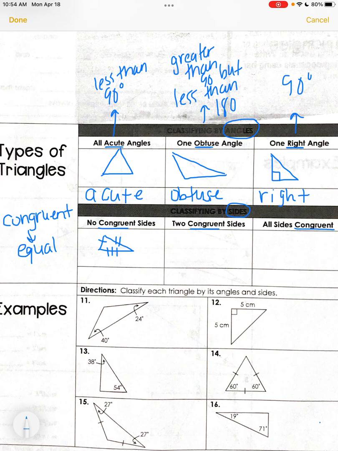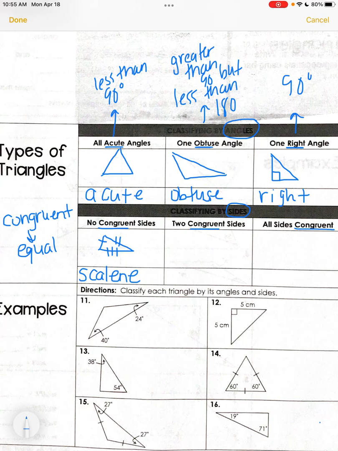The same amount of hash marks mean the same length on each side, but notice one side has one hash mark, another side has two, and the third side has three, so that means they are not equal sides, and that is called a scalene triangle. Okay, no equal sides is scalene.